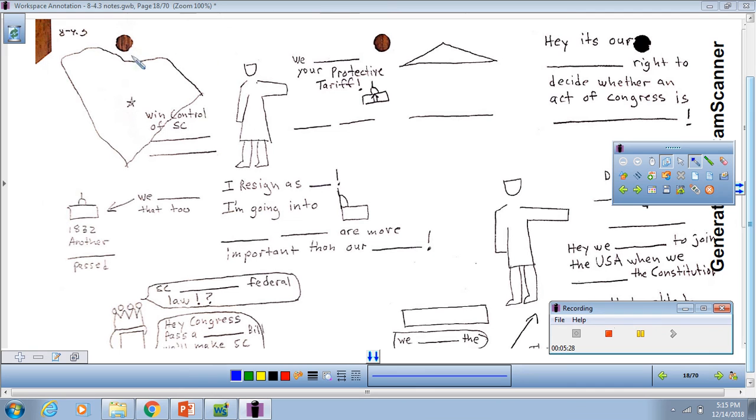This is where we are going to pick up with the lesson. So, South Carolina, due to the protective tariff, was split in opinion, and two groups would emerge.